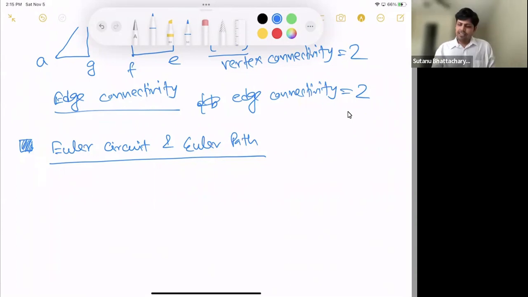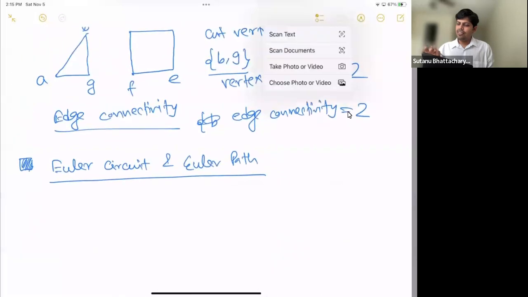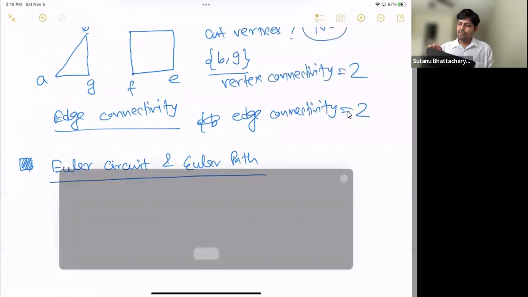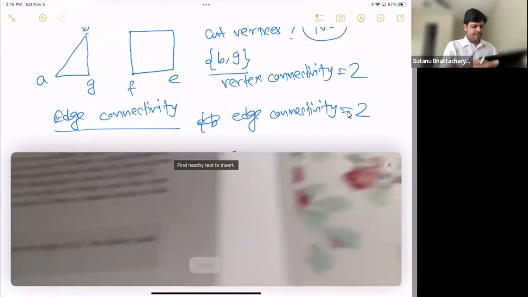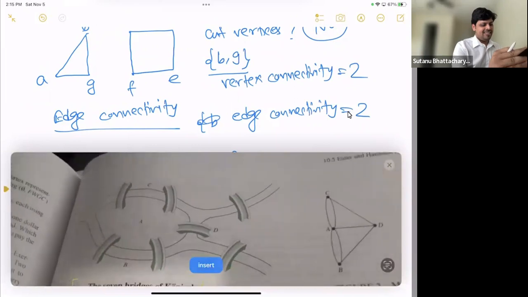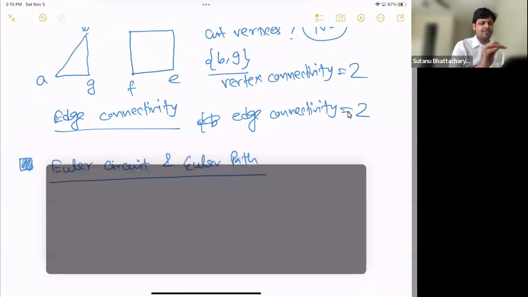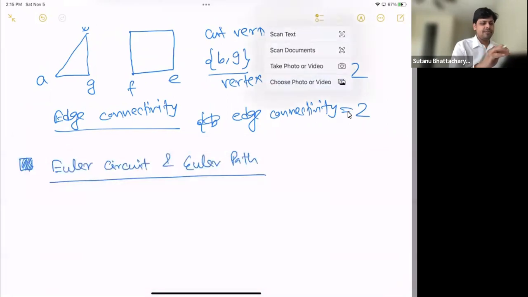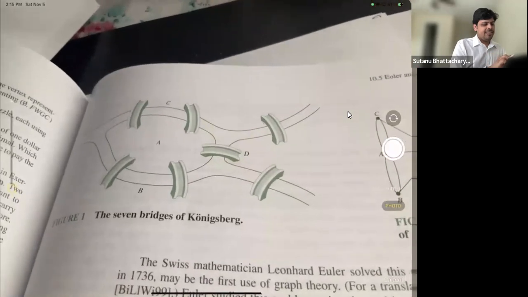Okay, let me check whether I can use it.